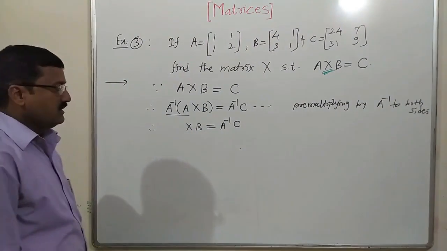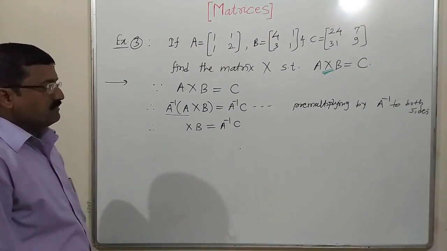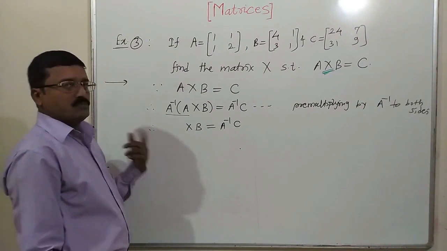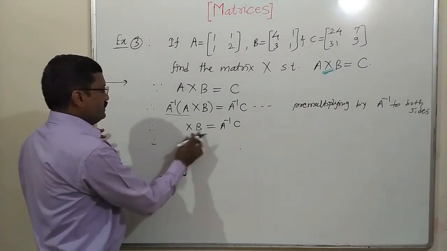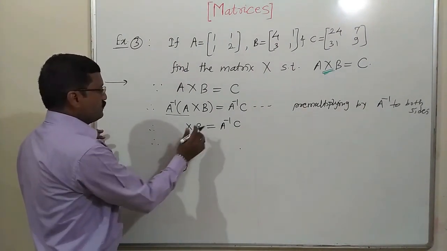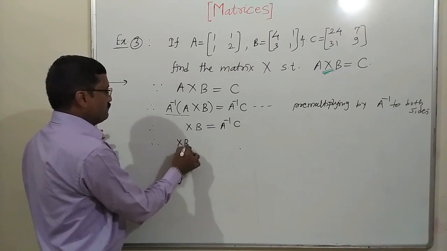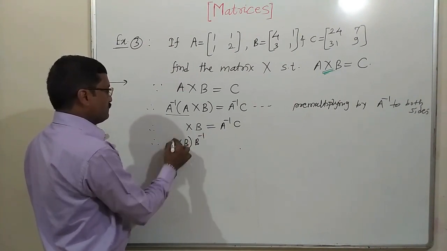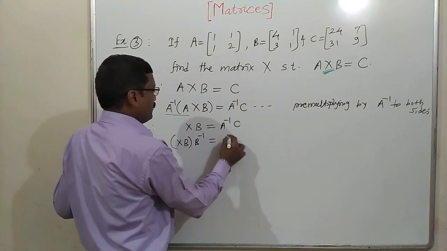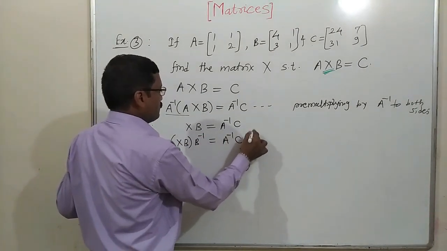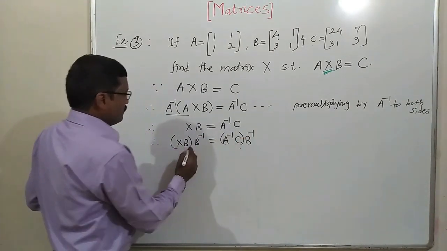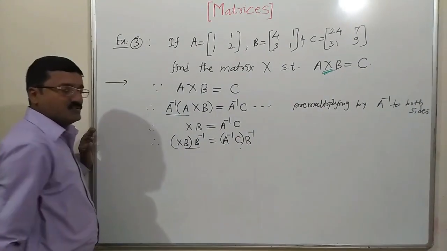Now once again multiply by B inverse, but that multiplication is post multiplication, because B is at the position of post factor. So X into B inverse is equal to A inverse C into B inverse. Once again we can associate these two.